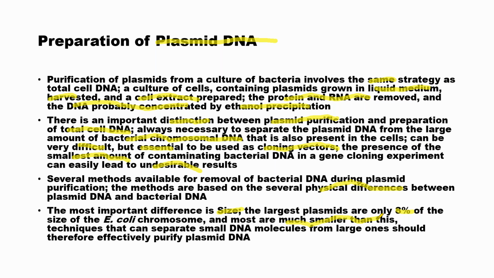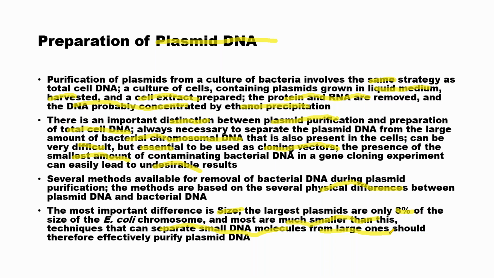Clear? So here we can apply certain techniques which can separate small DNA molecules from large ones. Since plasmid DNA is smaller than chromosomal DNA, if we separate small DNA molecules from large DNA molecules in the total bacterial cell DNA, we have separated plasmid DNA from the chromosomal DNA.